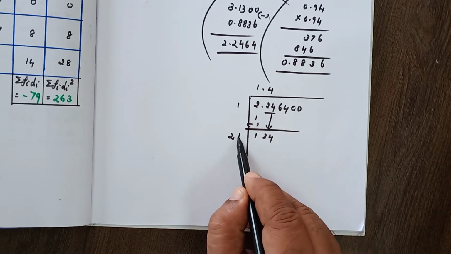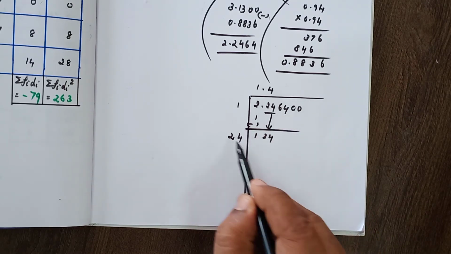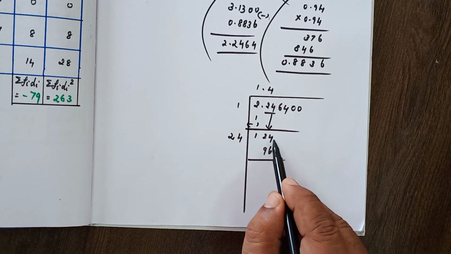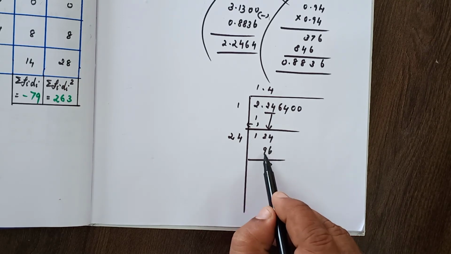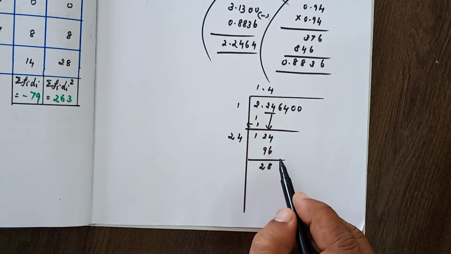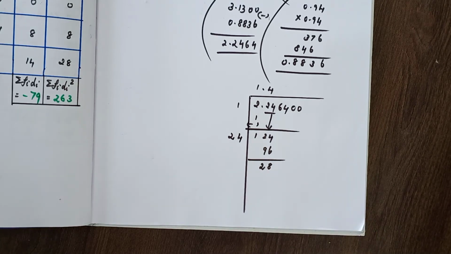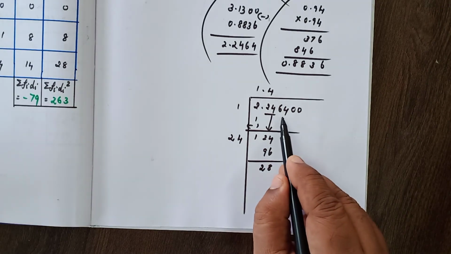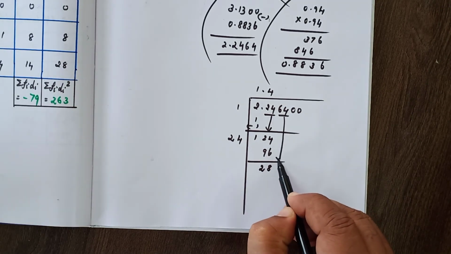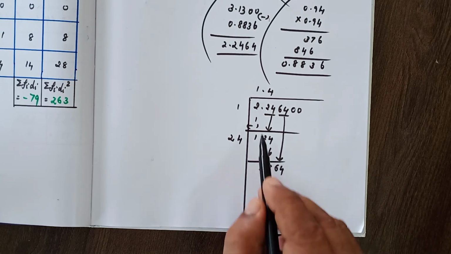Here 4, here also 4. 4 into 24 is 96. Subtract: 14 minus 6 is 8. So 1 will be there. 11 minus 9 is 2. Then bring down 2 more digits, that is 64.